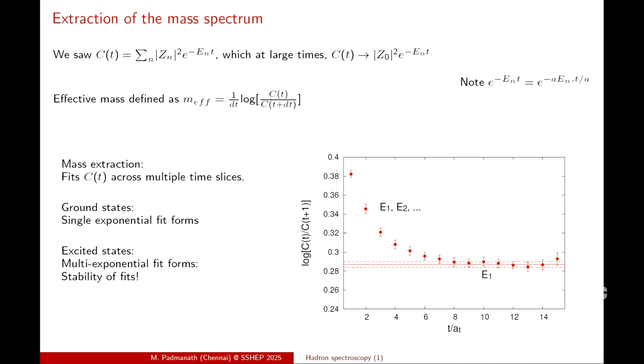Now, if you want excited state energy, of course, you can go for multiple exponential fit forms. You can include more and more terms. Yeah. What are these uncertainties encapsulated? Yeah, I'll come to that in a moment. So you can go ahead with multi-exponential fits and see what kind of energies you can extract from early times, because the excited states die out at relatively early times. So any information about excited states is encoded at very early time slices.